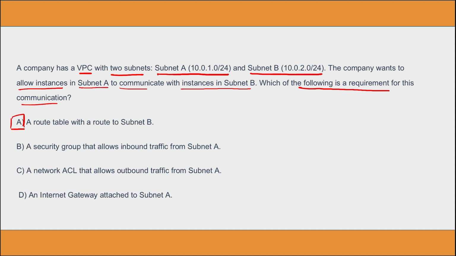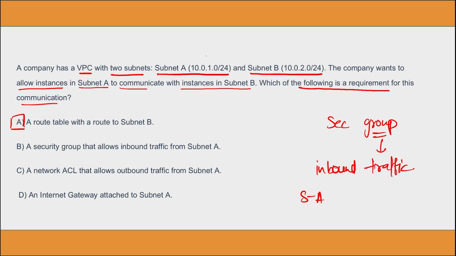Take a note of this, important, correct? This route table with a route to subnet B is required to enable communication between these two. A security group that allows inbound traffic from subnet A is not required. I repeat, a security group that allows inbound traffic from subnet A is not required.